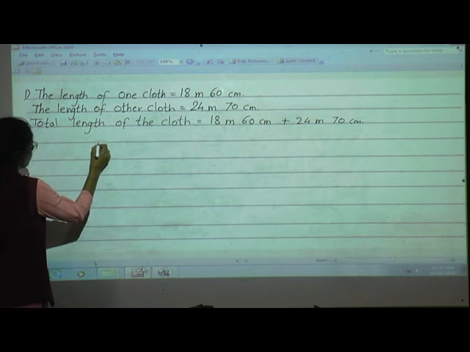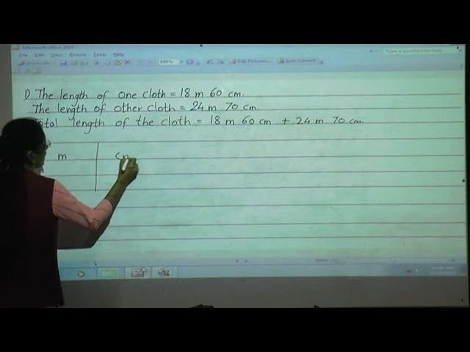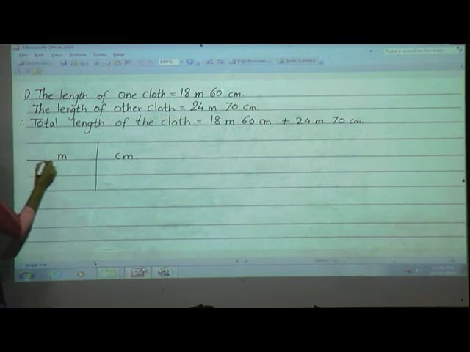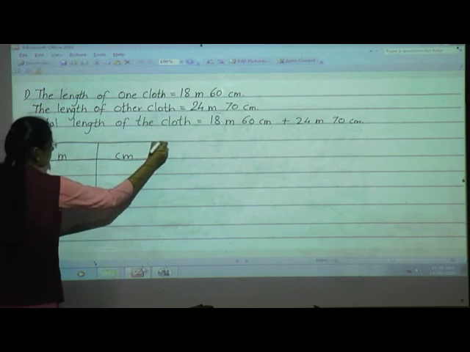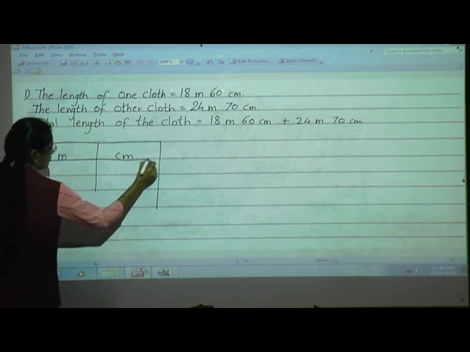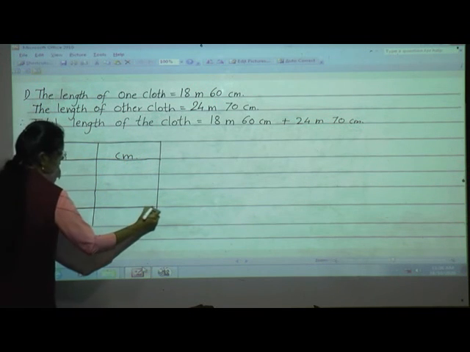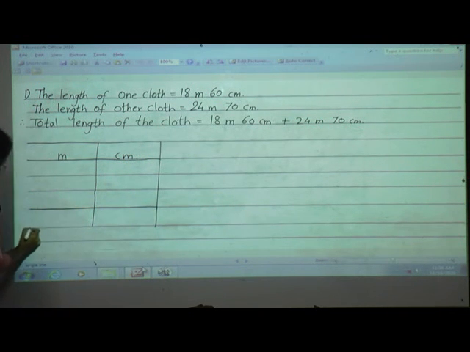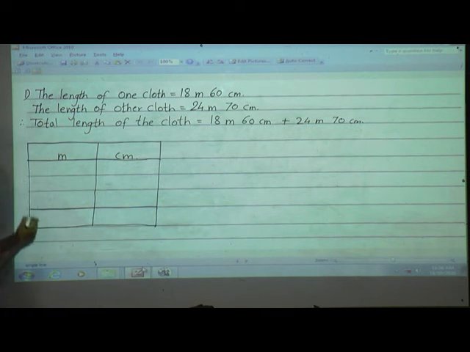First you have to make two columns, the first for meter and another for centimeter. Then you have to leave one line for the carrying. Draw the box properly and then put the values.